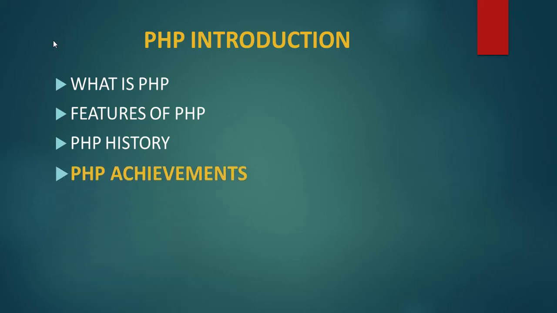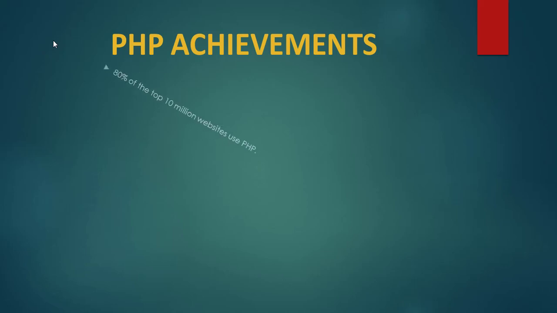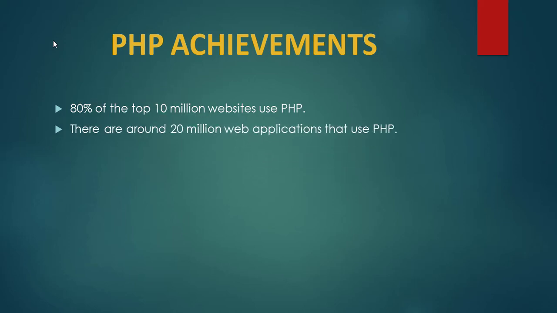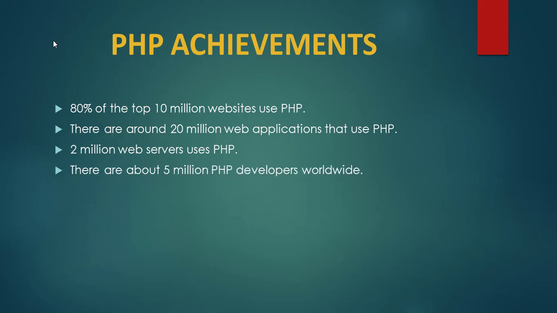PHP achievements. 80% of the top 10 million websites use PHP. There are around 20 million web applications that use PHP. 2 million web servers use PHP. There are about 5 million PHP developers worldwide.